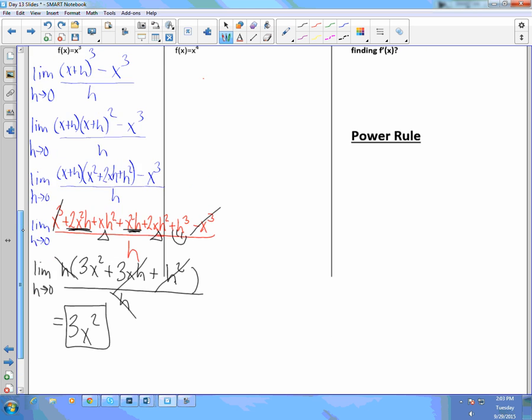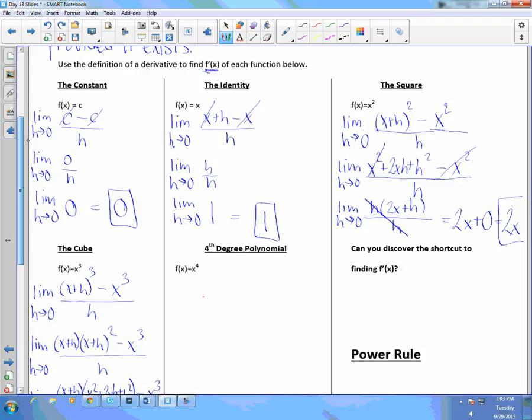Solved. Some of you might have already figured out the shortcut. This is called the power rule, which works for polynomials. Originally, we had a constant, which was 0 power. We had a constant, whose derivative was 0. We had x to the first power. The derivative is 1.